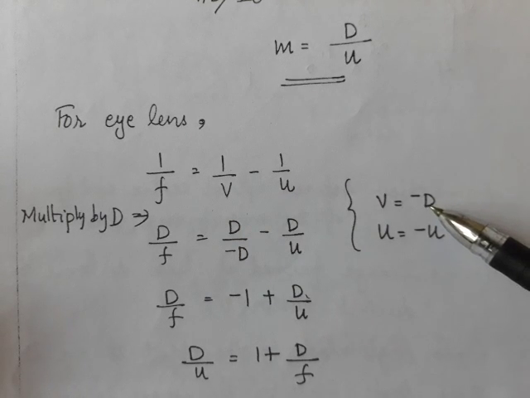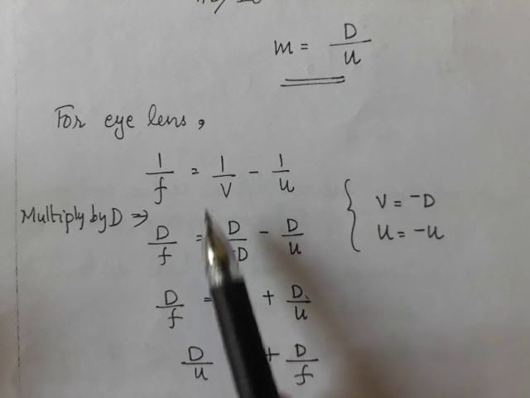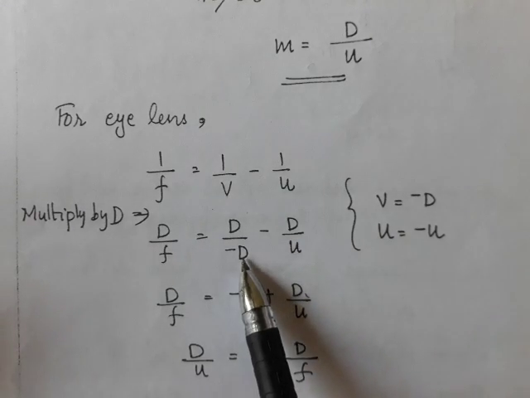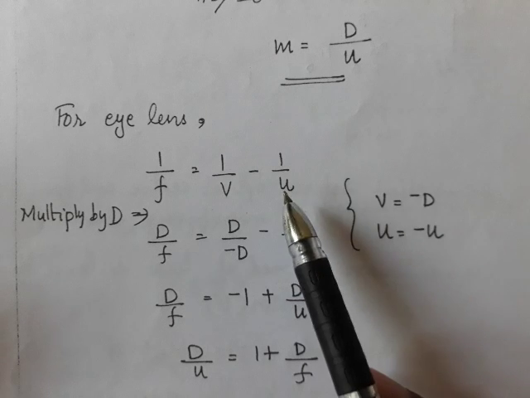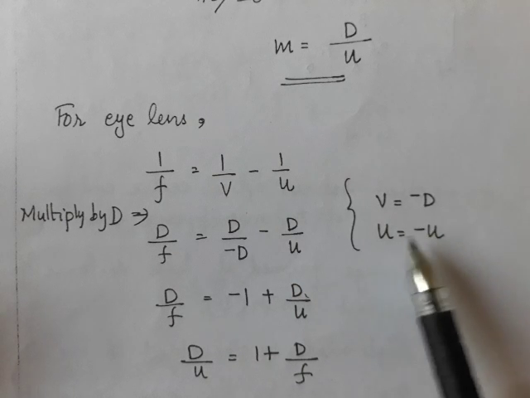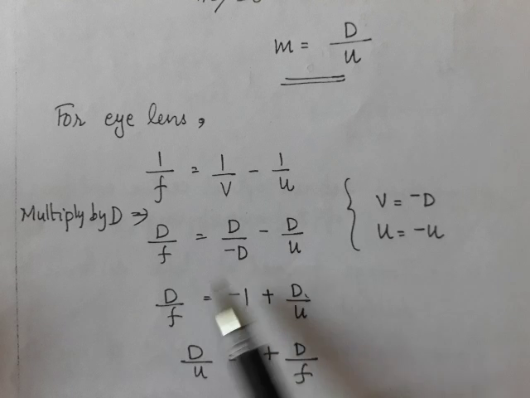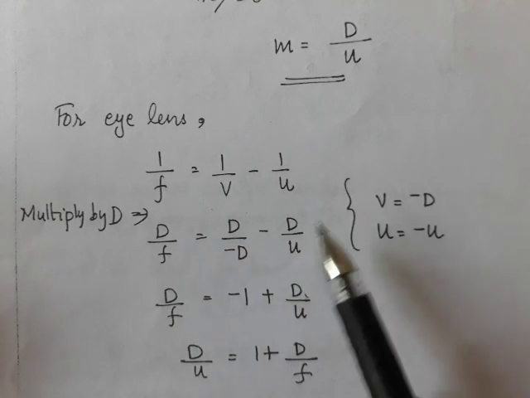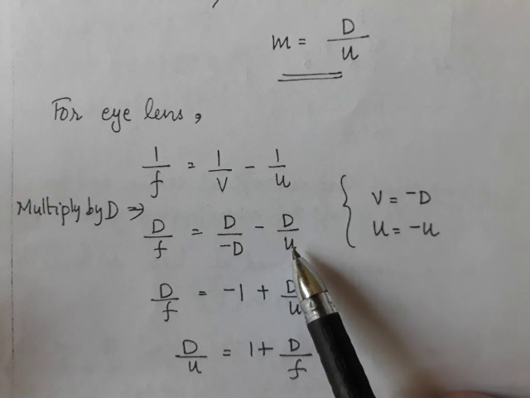The image is formed at D itself on the left side, so V and minus D are equal, so I can substitute V as minus D. U is the object distance, which is also on the left side, so U is negative. So D by F is equal to minus 1 minus D by minus U.